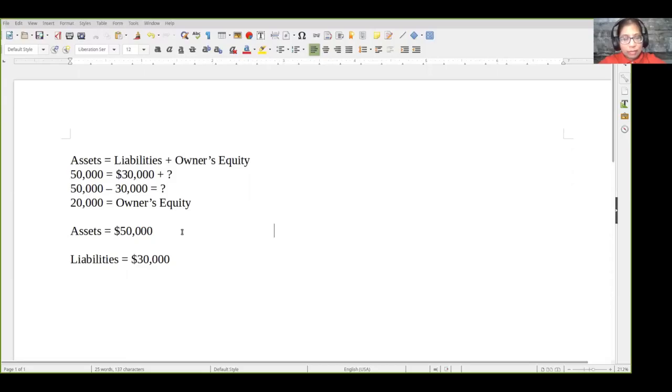So let us say, for example, we have assets of 100,000 and owner's equity of, let us say, 25,000. And we need to know what the liabilities are.